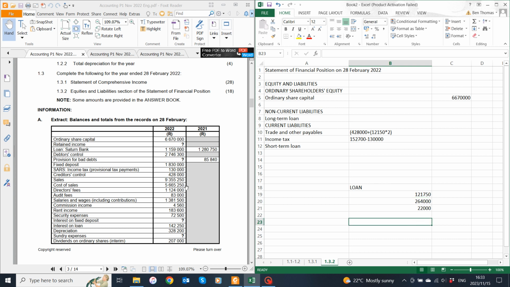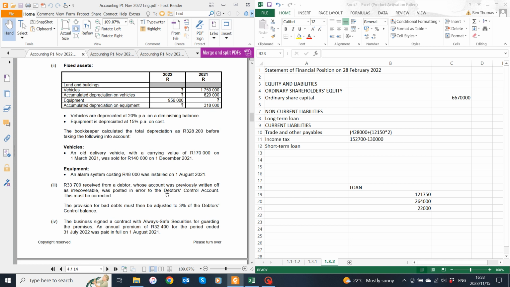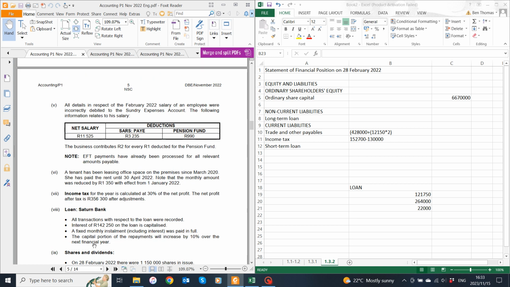So now that we have that, we can go a bit further. They're telling you the capital portion of the repayments will increase by 10% over the next financial year. So guys, that means this is the amount that they did pay back during the current year. So what's going to happen next year? Next year, it's going to increase by 10%.